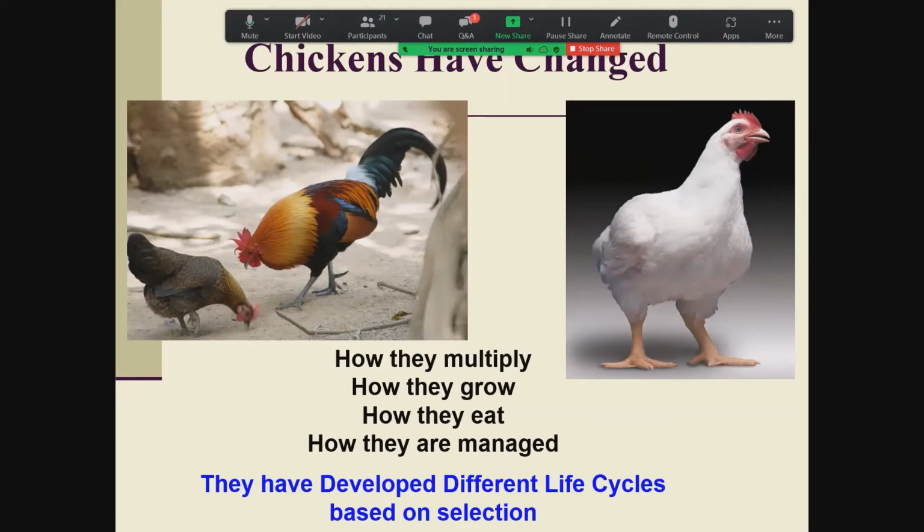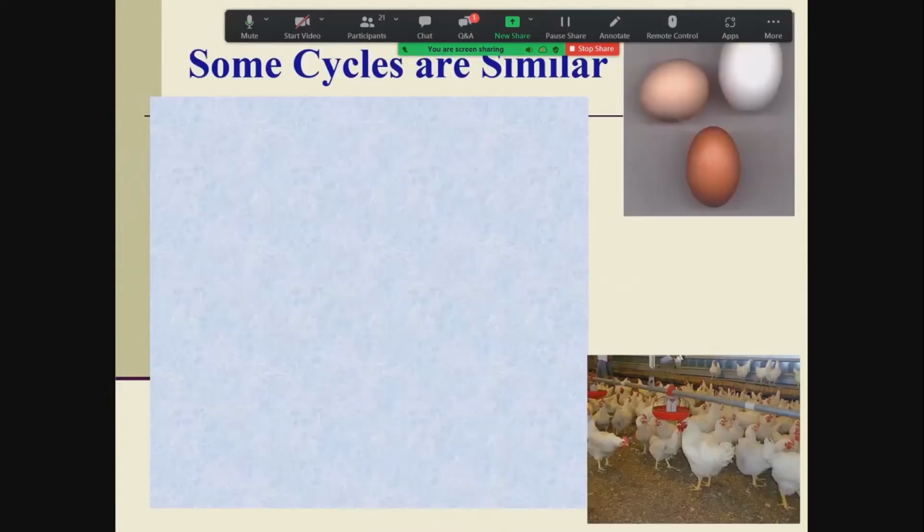Chickens have changed dramatically though over the years. We've domesticated them. We've changed how we mate and incubate and multiply the birds. We've changed how they grow, how they eat, and how we manage them. So they all have very different life cycles. But there are some similarities between the wild type chickens and the domestic chickens we have today.